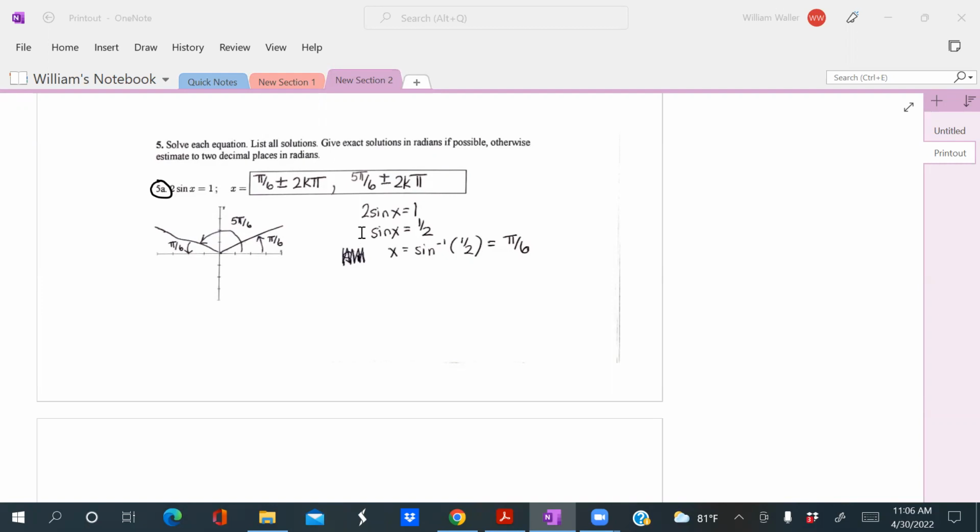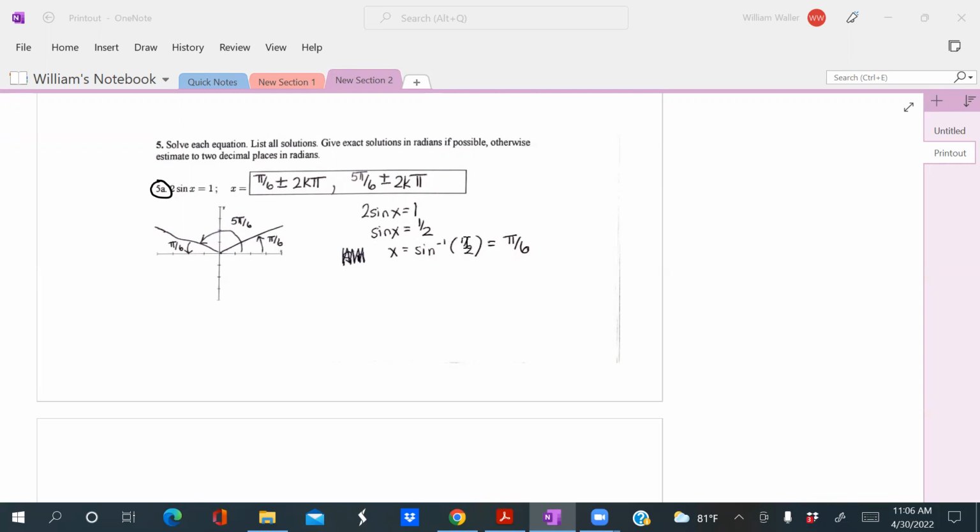Technically, the way you do that is you apply sine inverse to both sides of this equation, and the sine inverse and the sine will cancel on the left-hand side, right? And so you just get x, and then on the right-hand side, you'll get sine inverse of 1/2. So you just have to think about what angle gives sine of 1/2. That's pretty obvious, because this is a special angle, and we know that pi over 6 has sine 1/2.